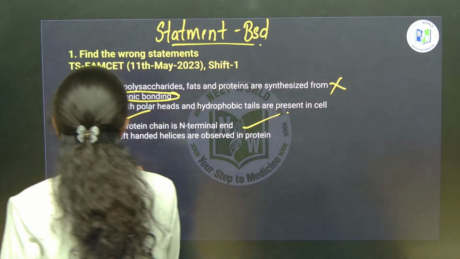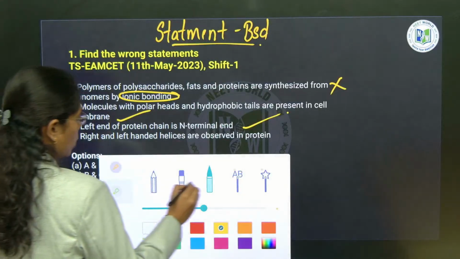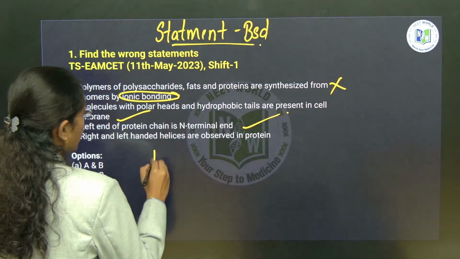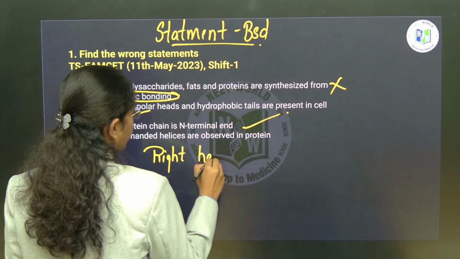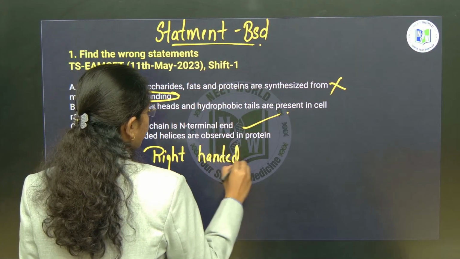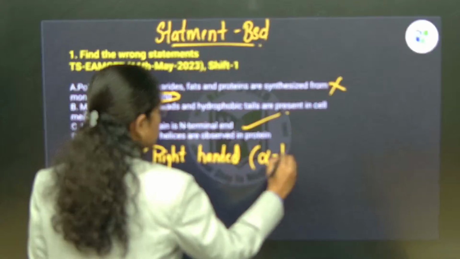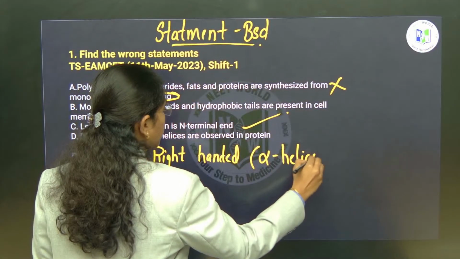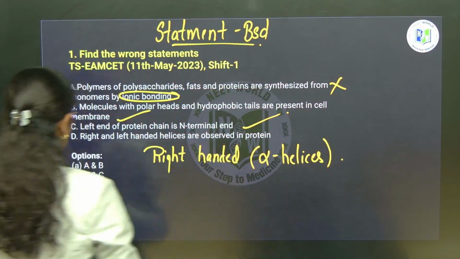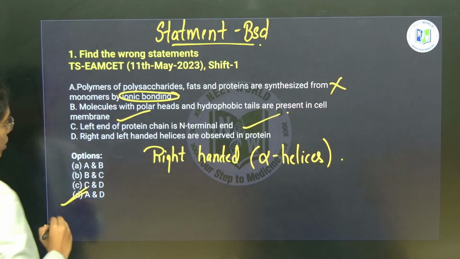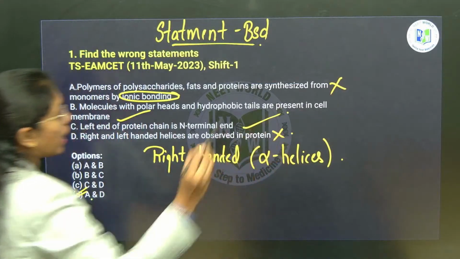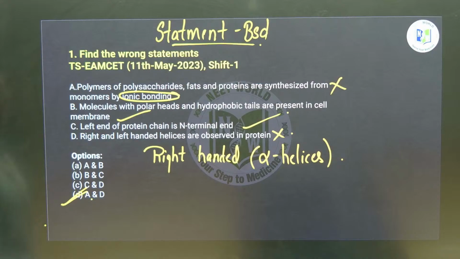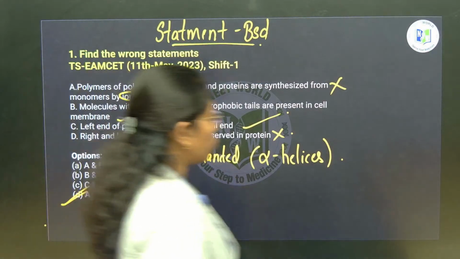Right handed alpha helices are the most common ones. Fine, right? So, here A and D are wrong statements, option D. B and C are right. Clear now? Next question we will move on to.